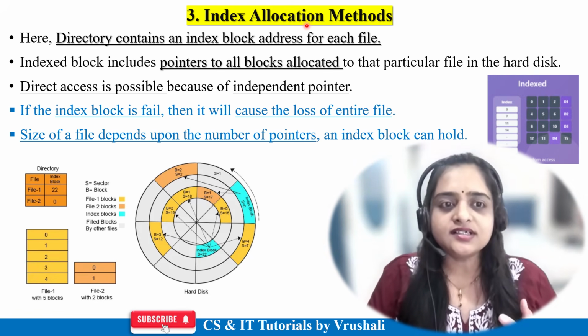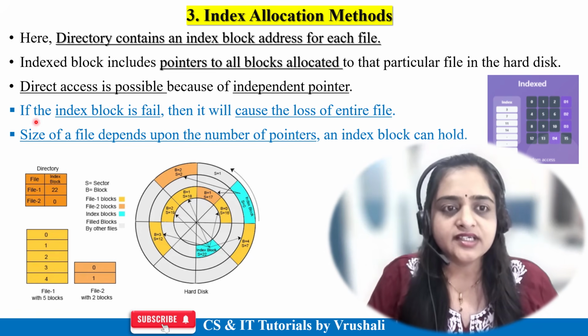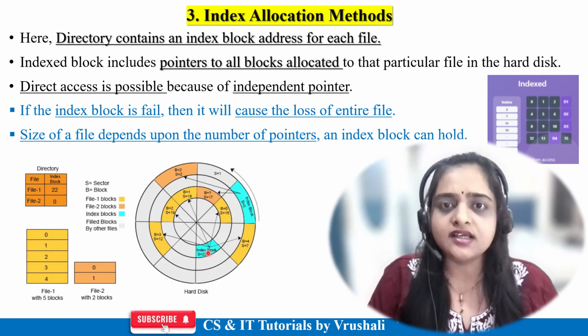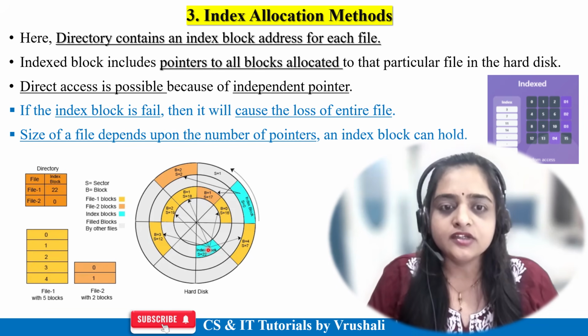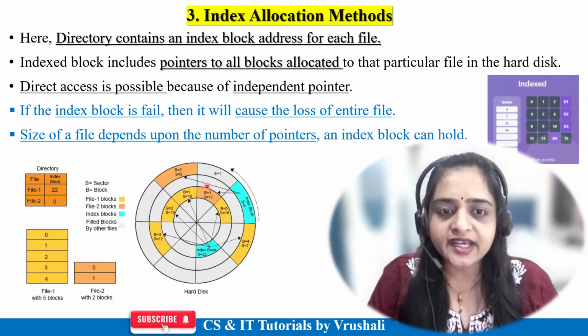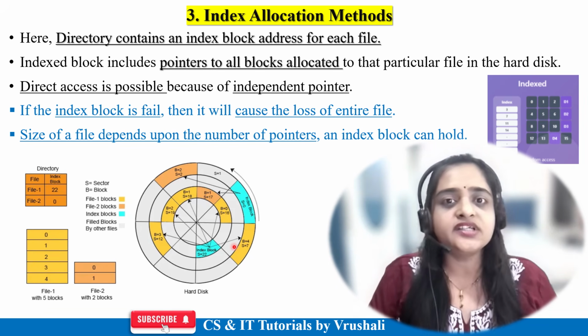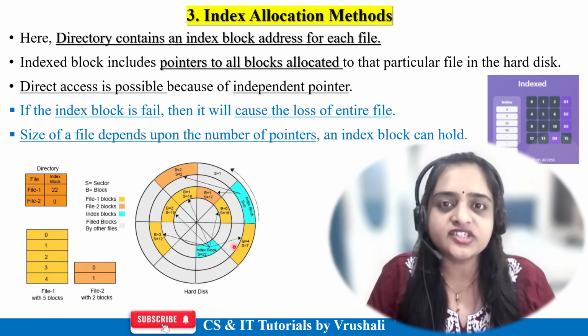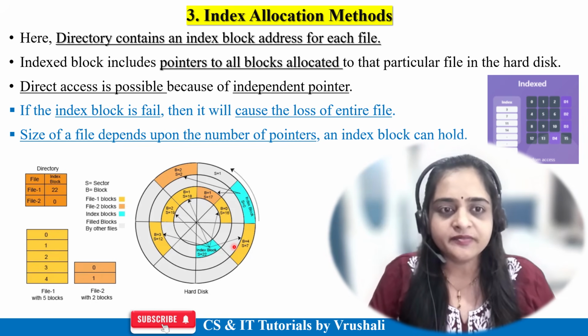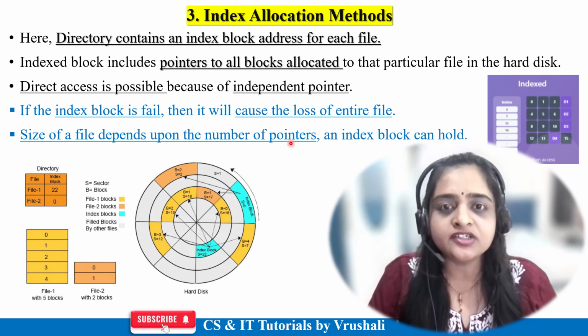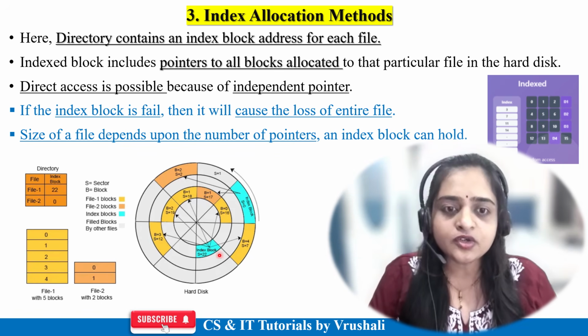Now what are the disadvantages of this? If this index block is corrupted or filled, assume that this particular sector is corrupted, the user loses the entire file because there is no other access to fetch that particular file, right? Again, the size of the file depends on the number of pointers. There are too many pointers.